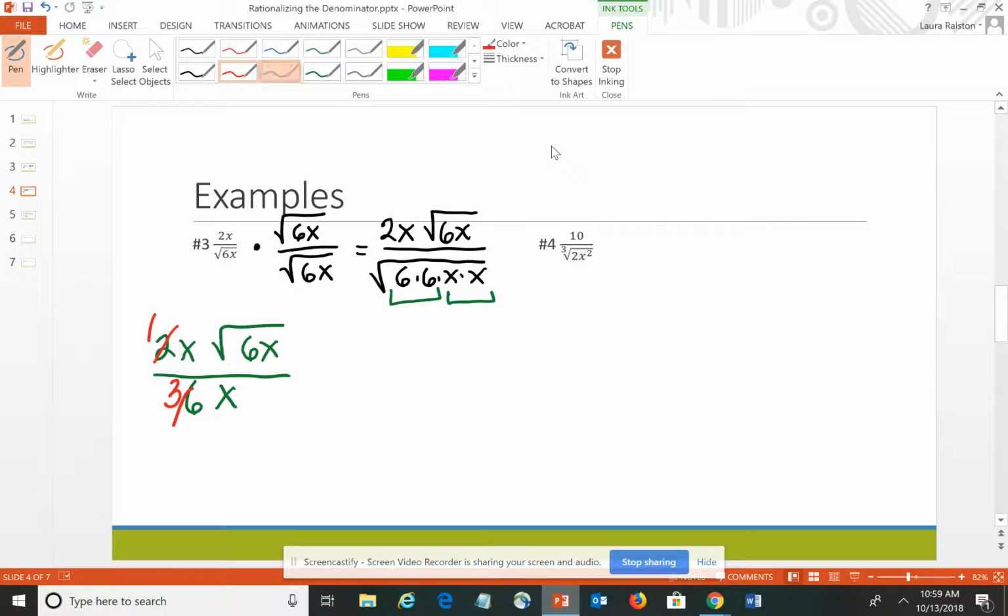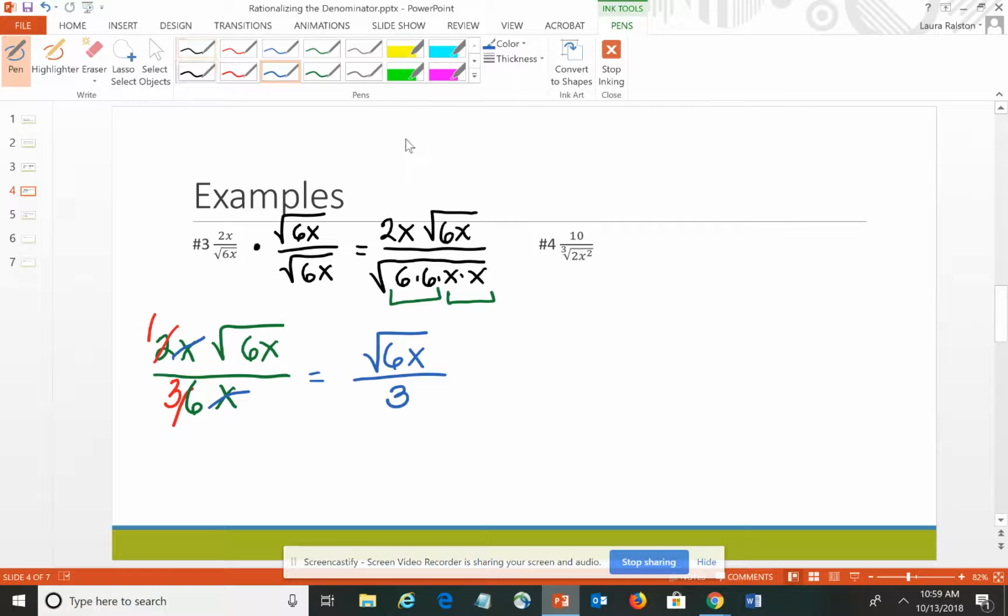Also notice that I have an x in common in the numerator and the denominator, so the x in the numerator and the x in the denominator are going to divide out. So I'm left with the square root of 6x all over 3, and that would be your answer in simplified form. You should always simplify your radicals, and you should always simplify your fractions.